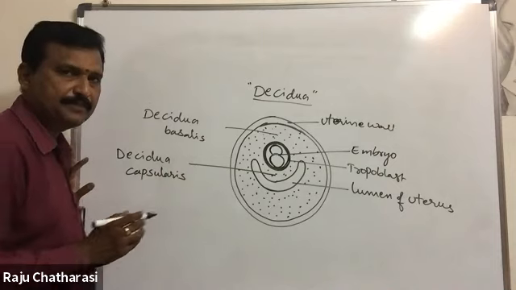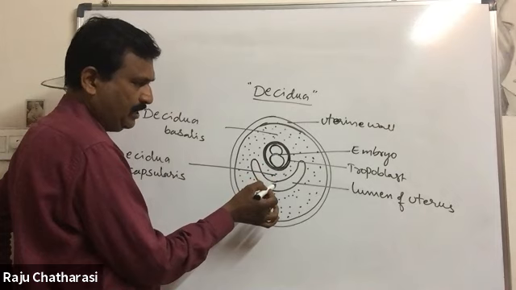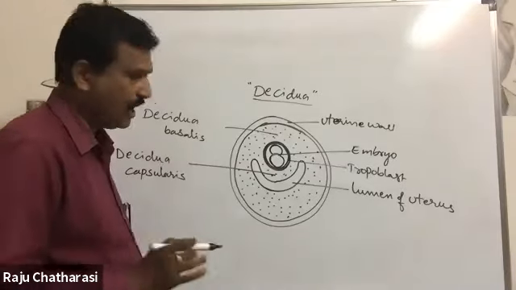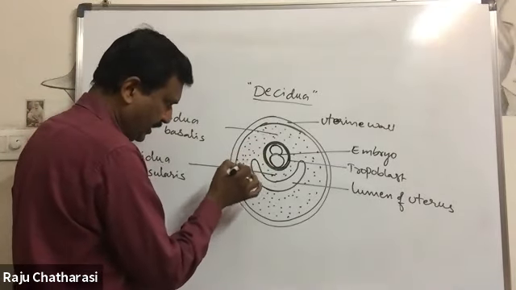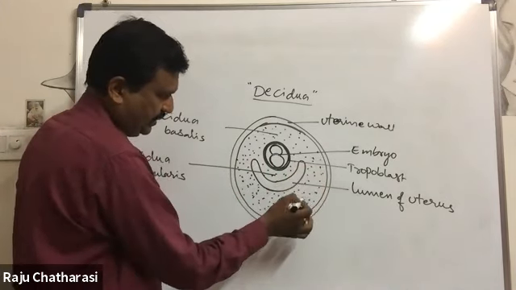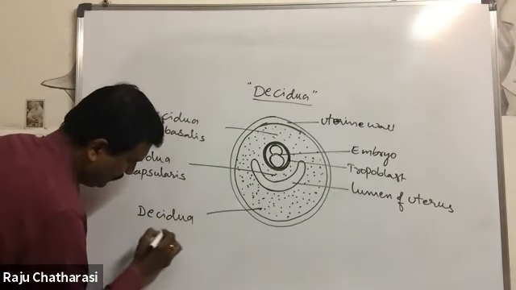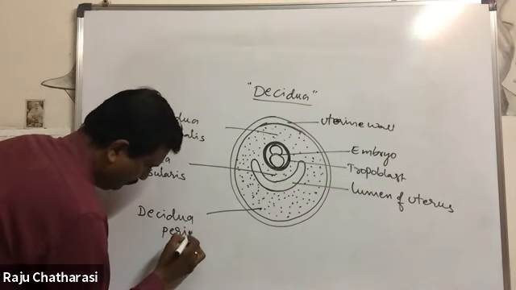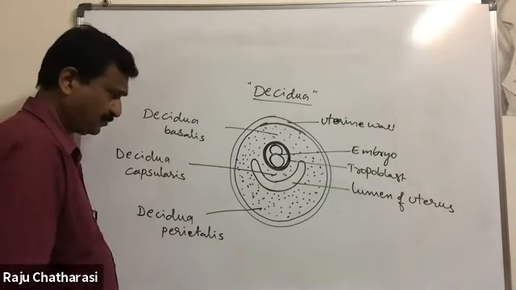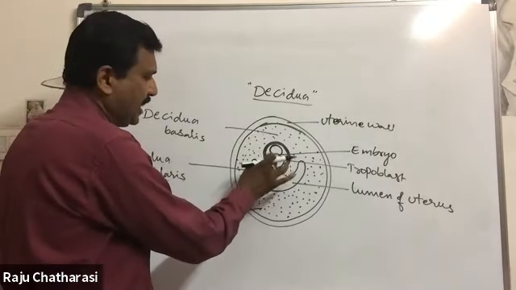Remaining part of the decidua, this entire portion, is called decidua parietalis. So in this way, this is decidua at early embryonic stage.